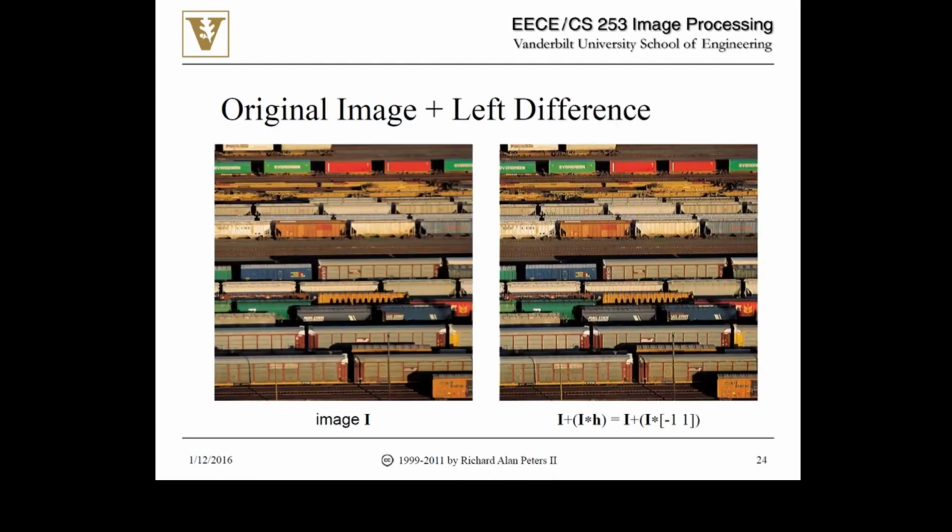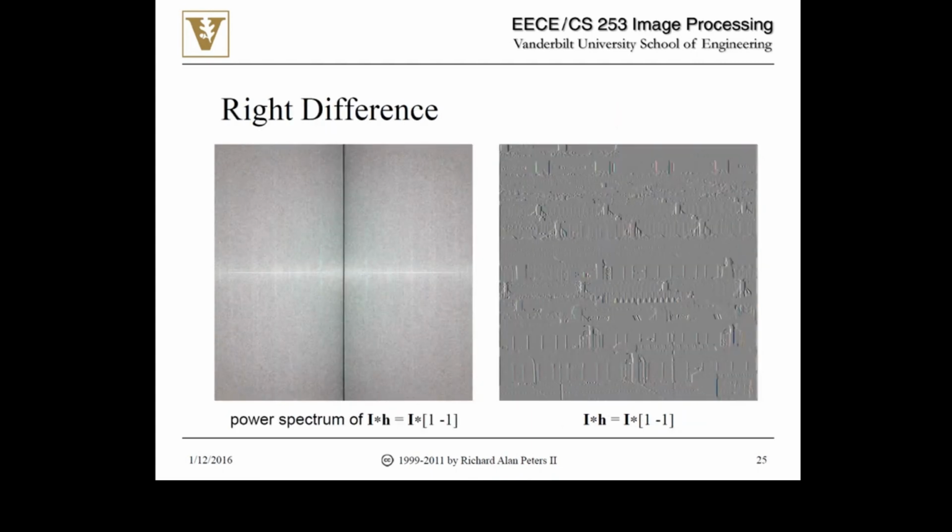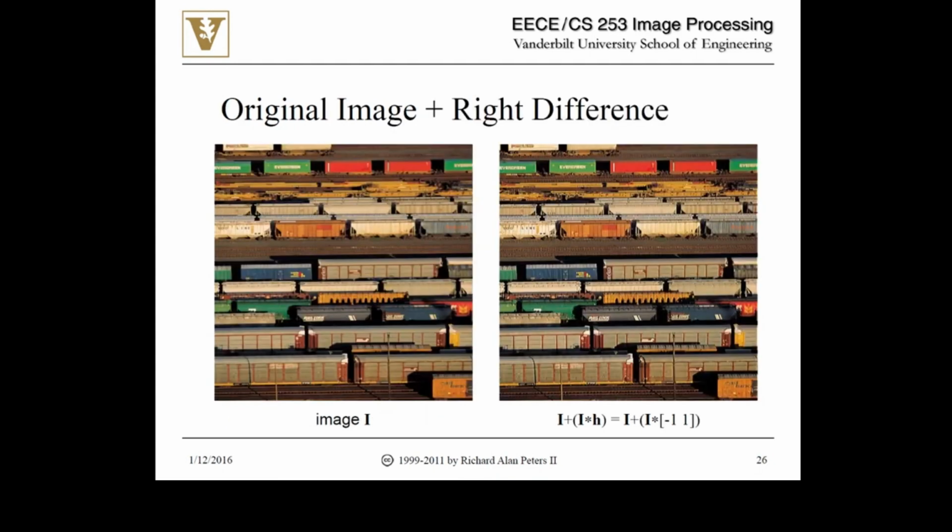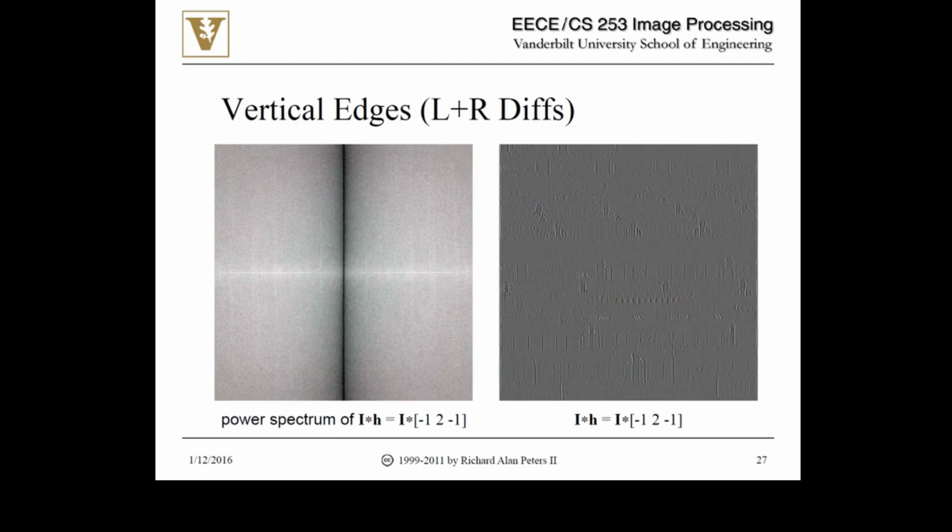Then the right difference is the opposite: now we have first white and then black. And we can add both at the same time, and then they behave in the same way. So we have white on both sides: white, then black, then white.